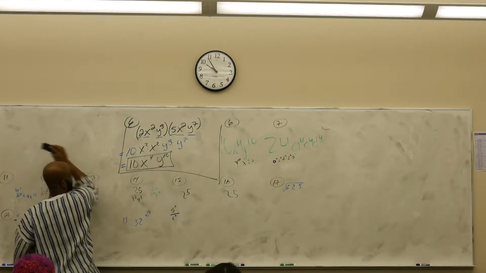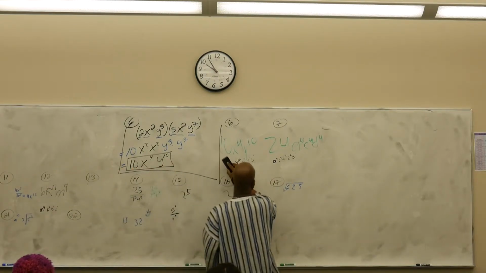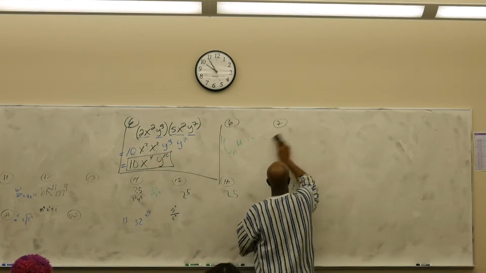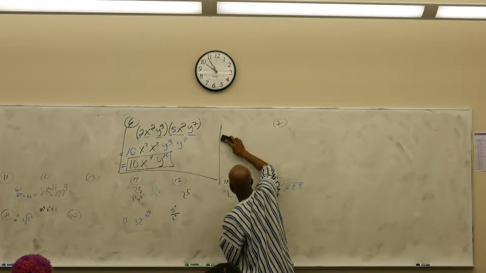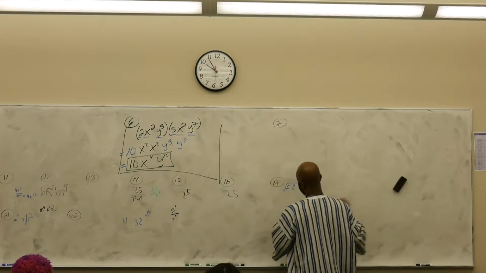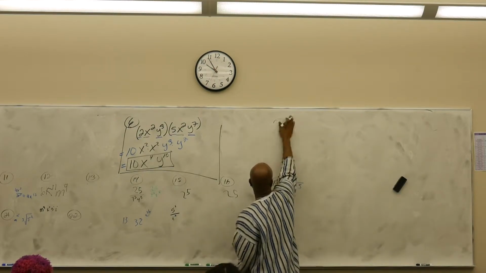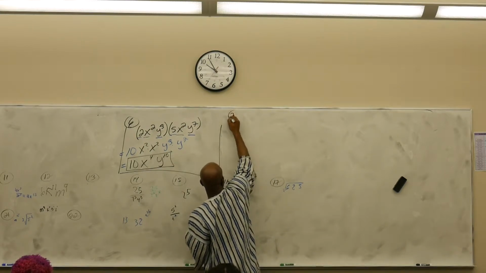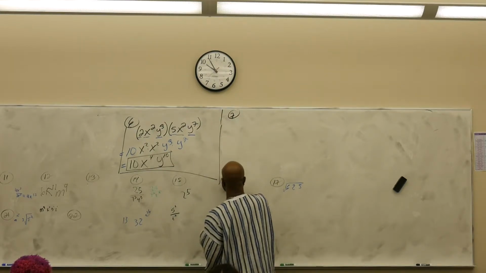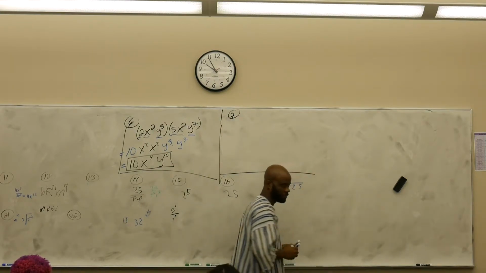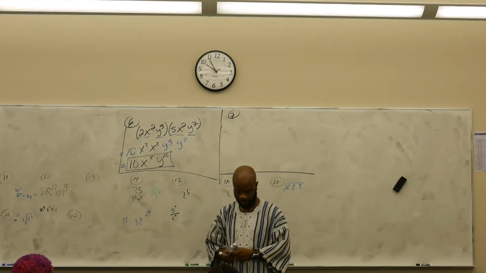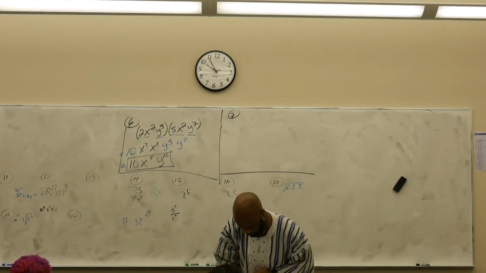Number 7. Let's do number 7. Yeah, people still missing steps, and I'm hearing them complaining. But the problem is not about missing the steps and giving up. The problem is, can you be consistent and keep trying until you get the steps right? All right, number 7.